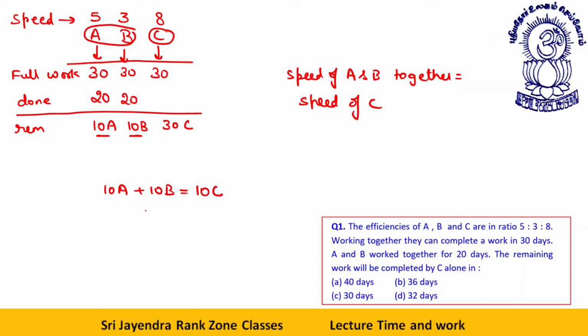How easily we have done this question. So the remaining work is 10C plus 30C, or 40C. Therefore, remaining work is 40 days of C.